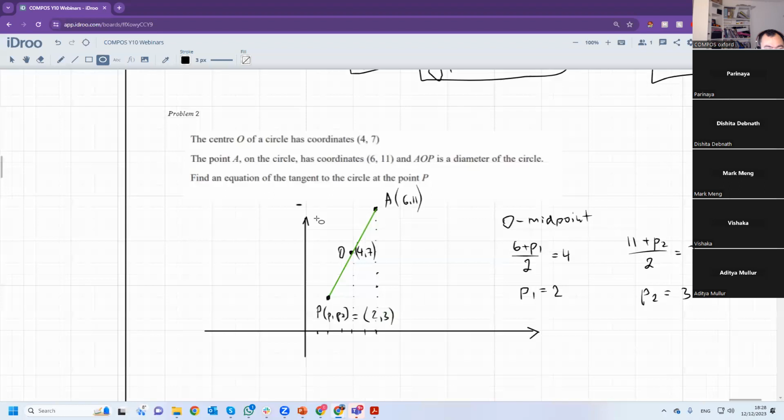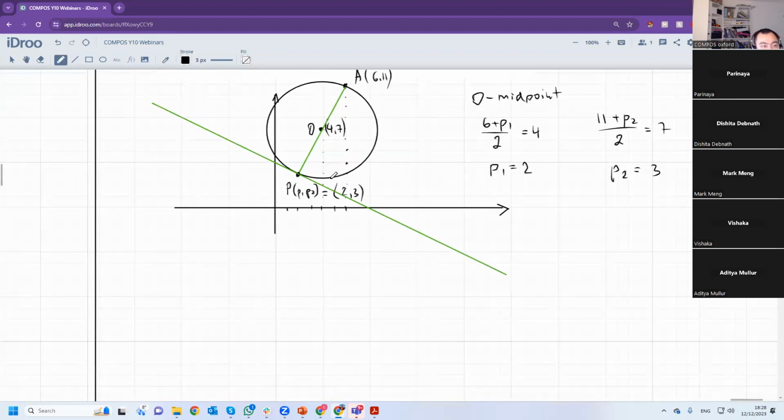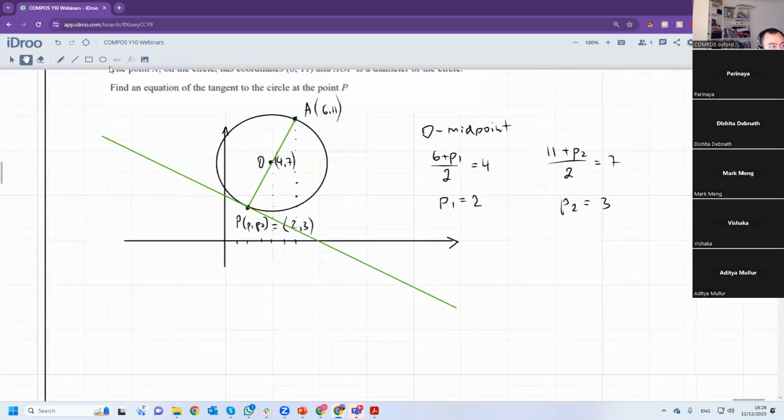Now we have a circle. We need the equation of the tangent at point P. So we have a tangent at point P, and we can work out the gradient.